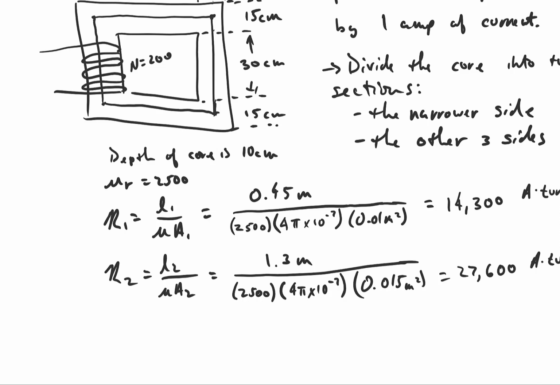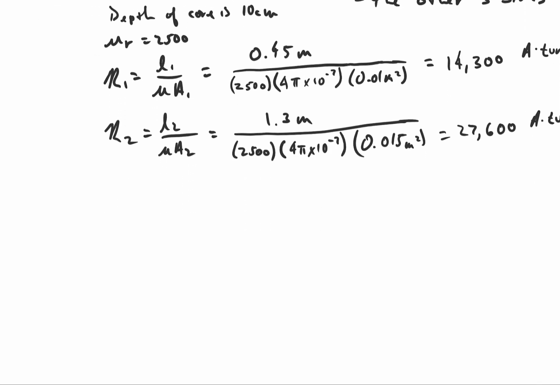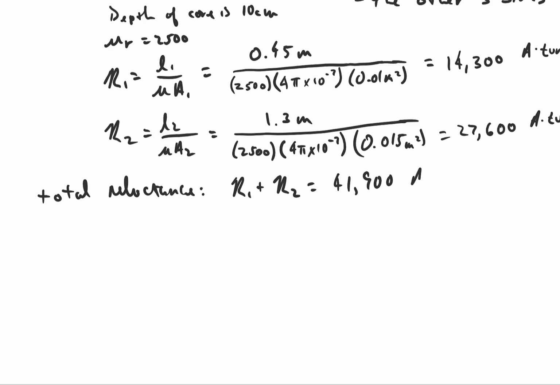So now I'm in a position to compute the total reluctance of the core. That would be R1 plus R2, and when I calculate that, I get 41,900 ampere turns per Weber.